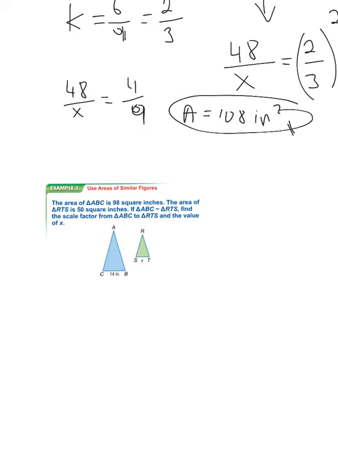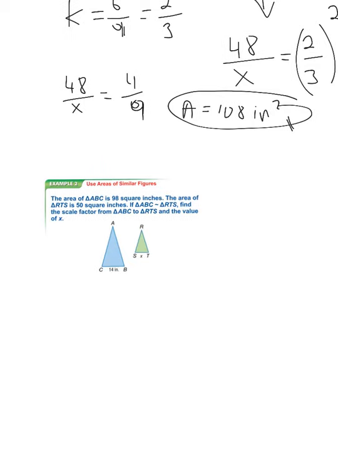If triangle ABC is similar to triangle RTS, find the scale factor, and then the value of X. So the area of ABC is 98 over 50, and this will be equal to k to the second power.